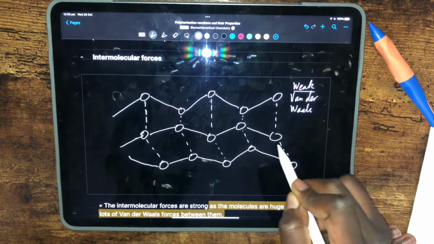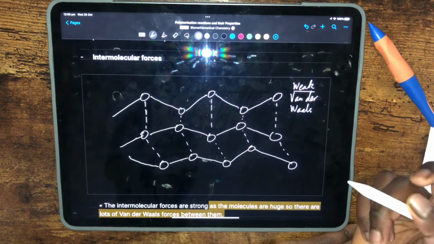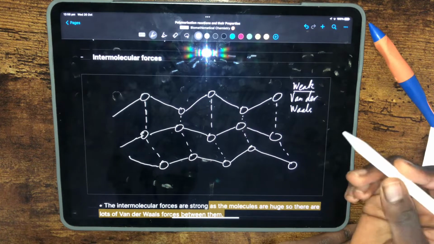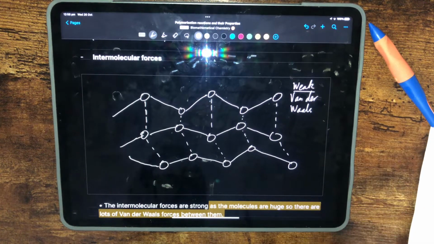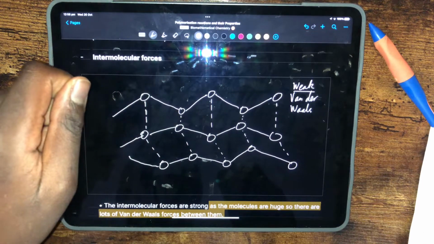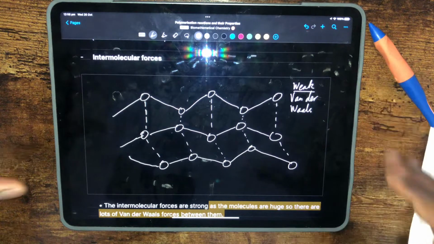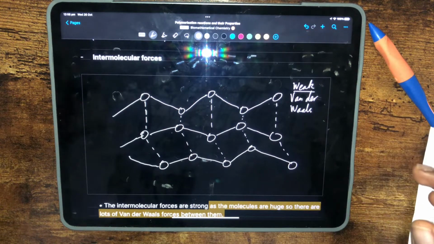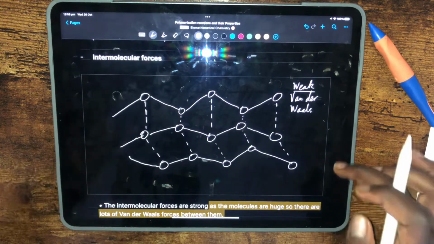The individual ones are not very strong, but when you have many of them, that's what makes them strong. It's the same reason why it's easy to tear a single sheet of paper, but very difficult to tear a stack of A4. They're all equally paper, but when you have multiple of those together, it makes it much harder to break.